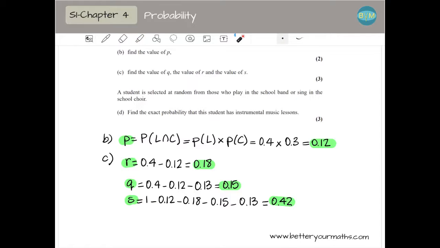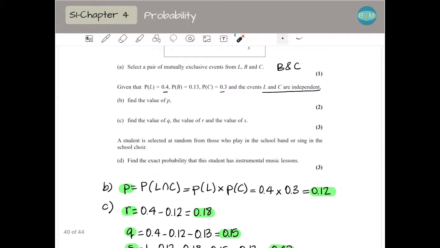And then for part D, they say a student is selected at random from those who play in the school band or sing in the school choir, and find the exact probability that this student has instrumental music lessons. So we are reducing our sample frame, so that means it's conditional probability. We are getting the students from a particular group.